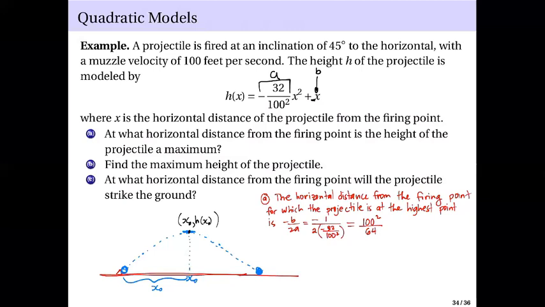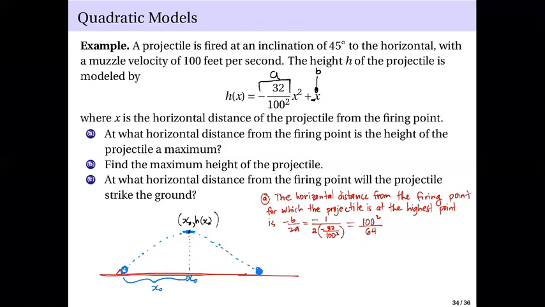Okay? And we can simplify this. But when you simplify, be sure to write it in fraction form. So you have 100 squared, that's 10,000 divided by 64. So you have 156.25.